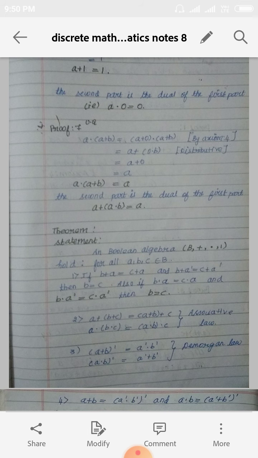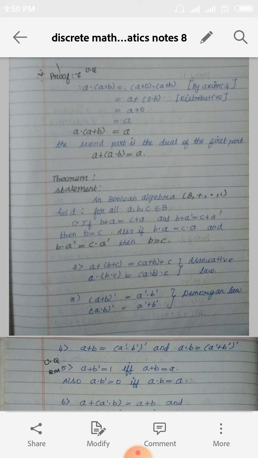Right. So see the next theorem. For a Boolean algebra B with plus, dot and negation, the following hold for all a, b, c belongs to B. The first one: if b plus a is equal to c plus a and b plus a dash is equal to c plus a dash, then b is equal to c. Also if b dot a is equal to c dot a and b dot a dash is equal to c dot a dash, then b is equal to c.